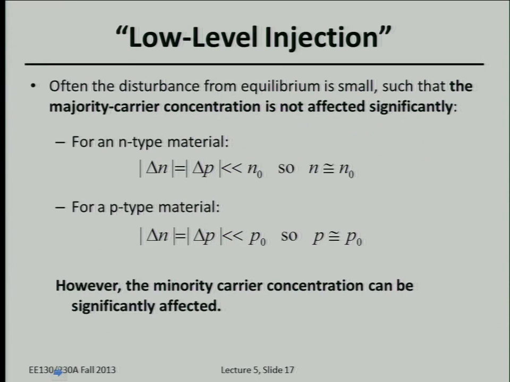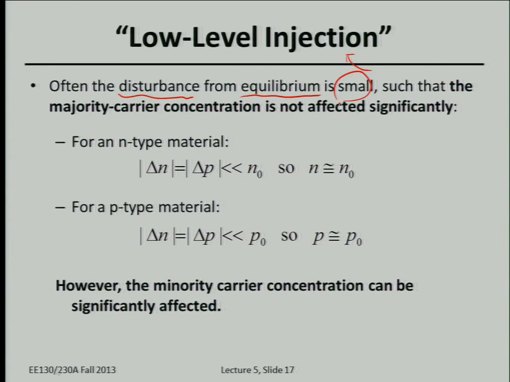And also, to derive the stuff further, I want to make an important approximation here, what I call low-level injection. Basically that says the disturbance, delta n and delta p, compared with the equilibrium case, n0 and p0, is kind of small. It's a much lower concentration.